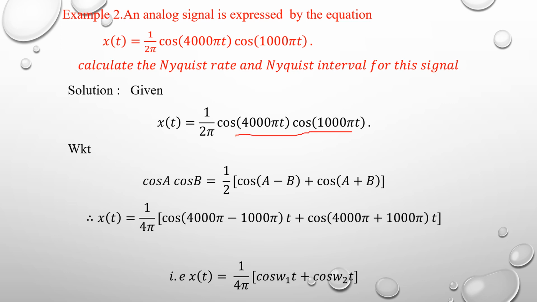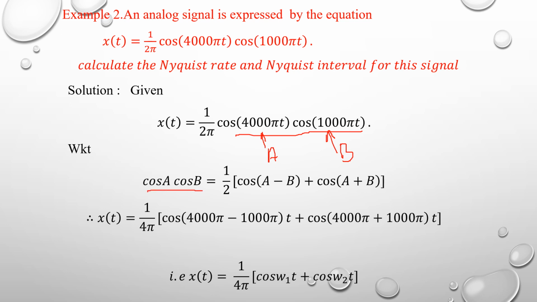The last term is in the form of cos A and cos B. Here A is equal to 4000 pi t and B is equal to 1000 pi t. We expand the given equation by using this trigonometric identity.